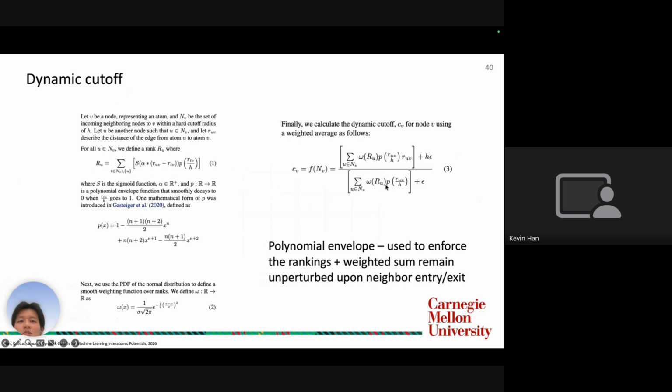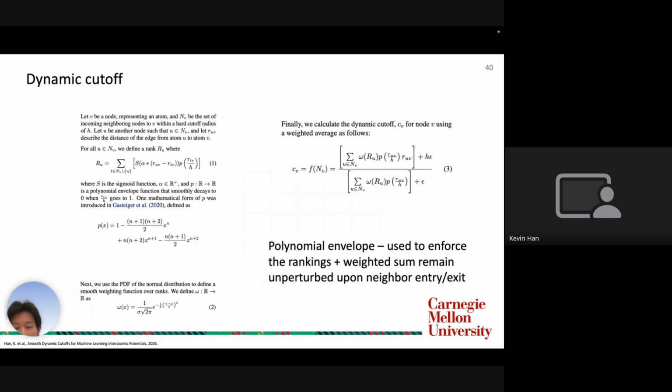What's a little bit less well known of a technique is we also actually have to weight each of the individual sigmoids by the polynomial envelope function with respect to not U, but with respect to the other neighbor that we're calculating against, which is T here.